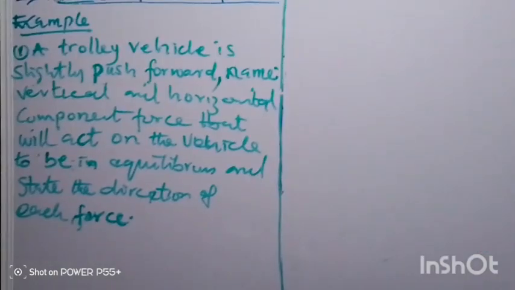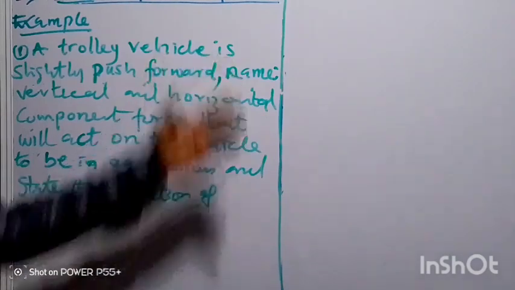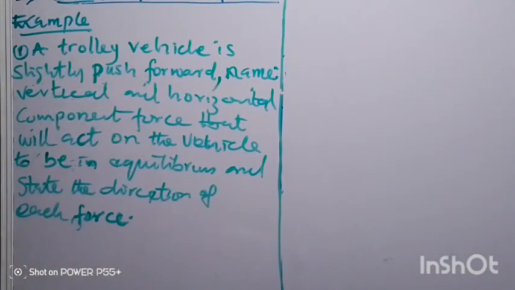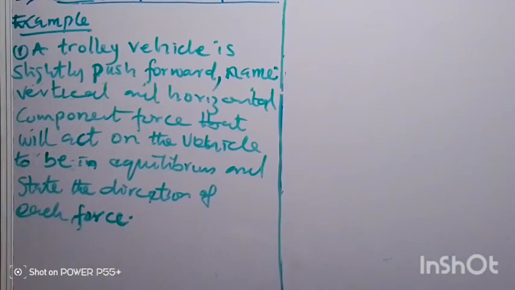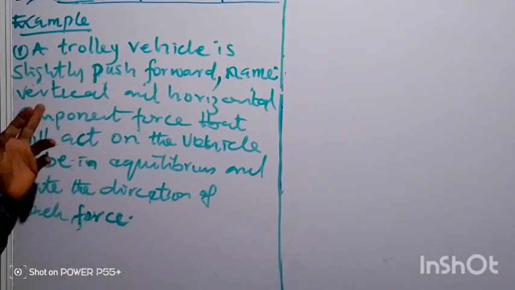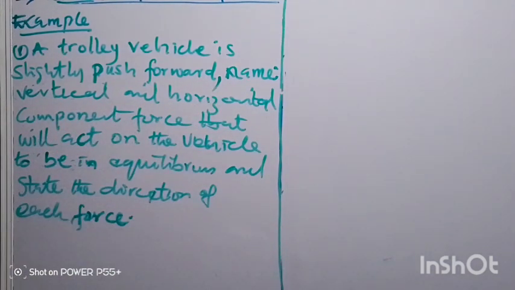Now, from the explanation we have made and the series of equations we've arrived at, let's use them to solve some questions. Take this one as example 1. A trolley vehicle is slightly put forward. The question: name the vertical and horizontal component forces that act on the vehicle to be in equilibrium, and state the direction of each force.